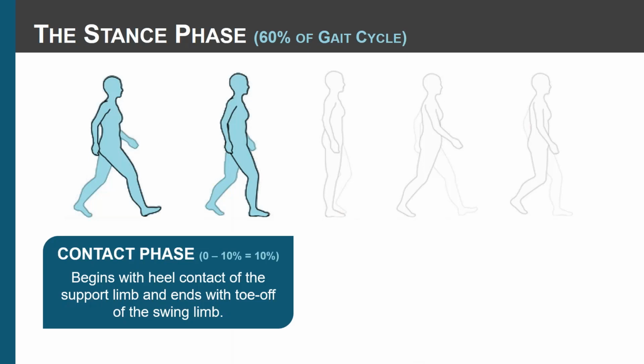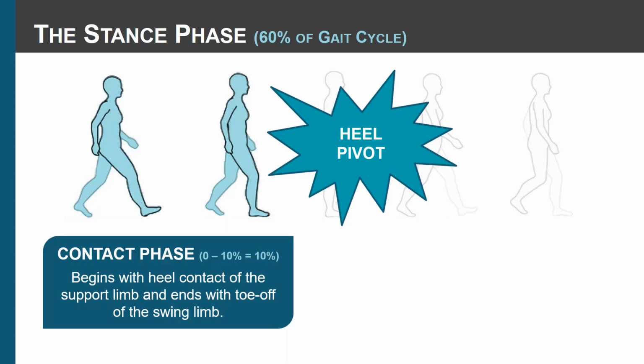This takes about 10% of the total stance phase of gait. This is also known as the heel pivot. The heel pivot is defined as the moment where it's essentially the first point of weight acceptance in the gait cycle and facilitates forward motion.